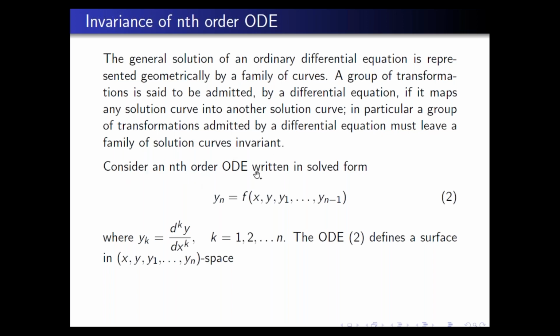Consider an nth order ODE written in the solved form y_n equal to omega(x, y, y_1, up to y_{n-1}), where y_k denotes the kth order derivative of y with respect to x, k equal to 1 to n. The ODE (2) defines a surface in (x, y, y_1, up to y_n) space.